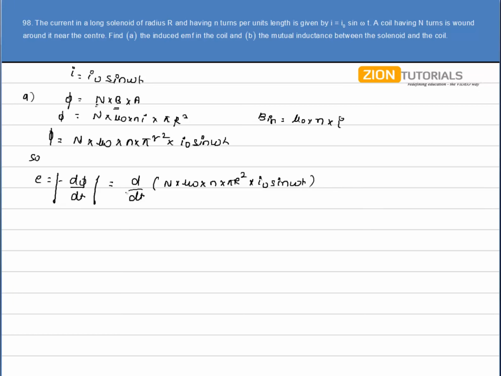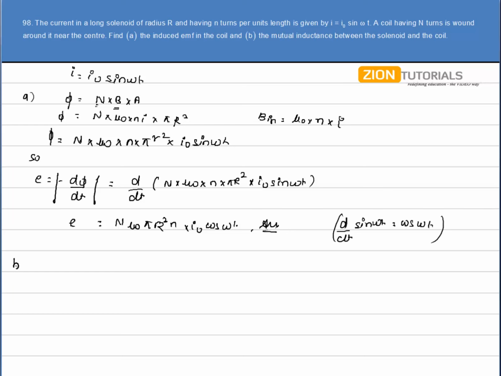Now in differentiating, d/dt of sin ωt is cos ωt. So EMF comes out to be N μ₀ πr² n I₀ cos ωt. That is the answer for the first part.